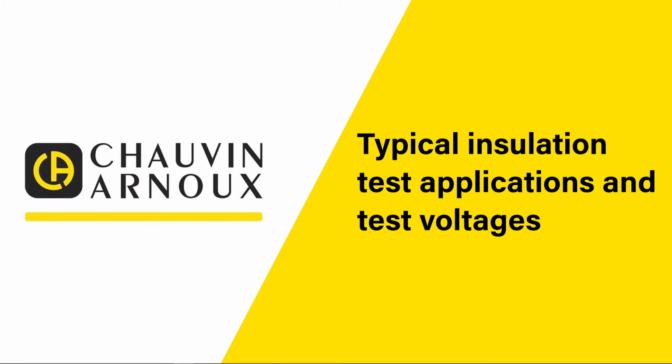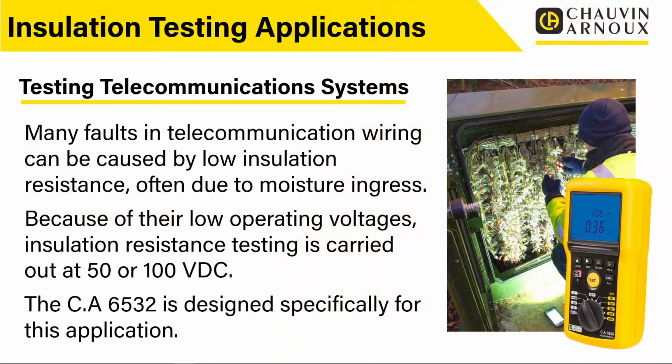In this section, we're going to take a look at some typical insulation test applications and the test voltages used. So this is a typical application that you may come across, and sometimes you'll look on your insulation resistance tester and you'll have the values of 50 volts or 100 volts DC, and generally these are for telecommunications applications.